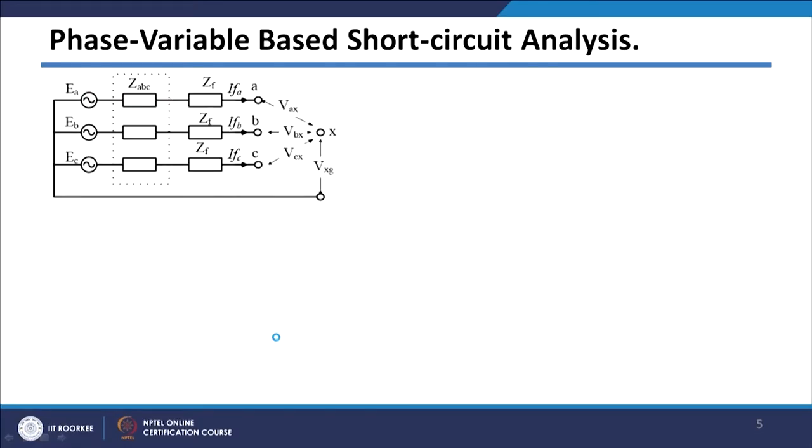So, if you write the KVL equations for this particular figure, I can easily write that on the left-hand side there will be the sources, this is EA, EB and EC. The voltage will be equal to the impedance drop across these impedances, that is ZABC.